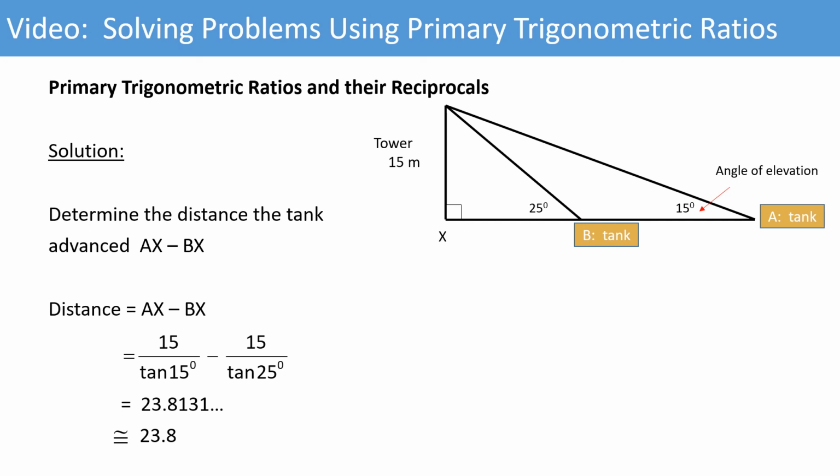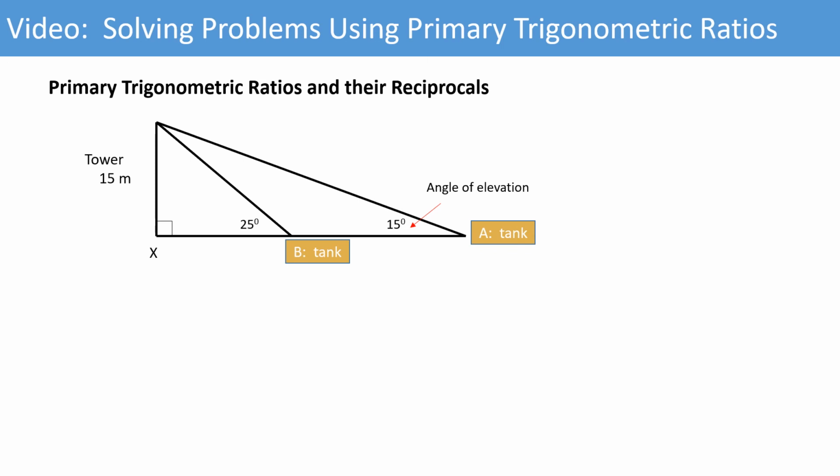Using your calculator, that will equal 23.8131 and so on. But let's round it off to approximately 23.8. And now, state the conclusion. The tank advanced approximately 23.8 meters.